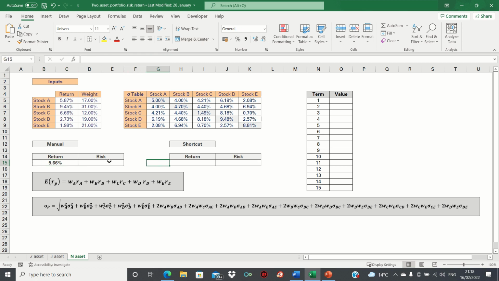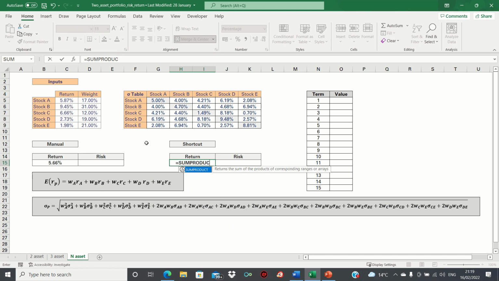Now, this was quite a time-consuming process, and we only had 5 stocks. Imagine how difficult it would be if we had 20 or 30. The quicker and easier way of calculating the expected return is by using the SUMPRODUCT function, which returns the sum of products of 2 arrays of data. We type equals SUMPRODUCT.